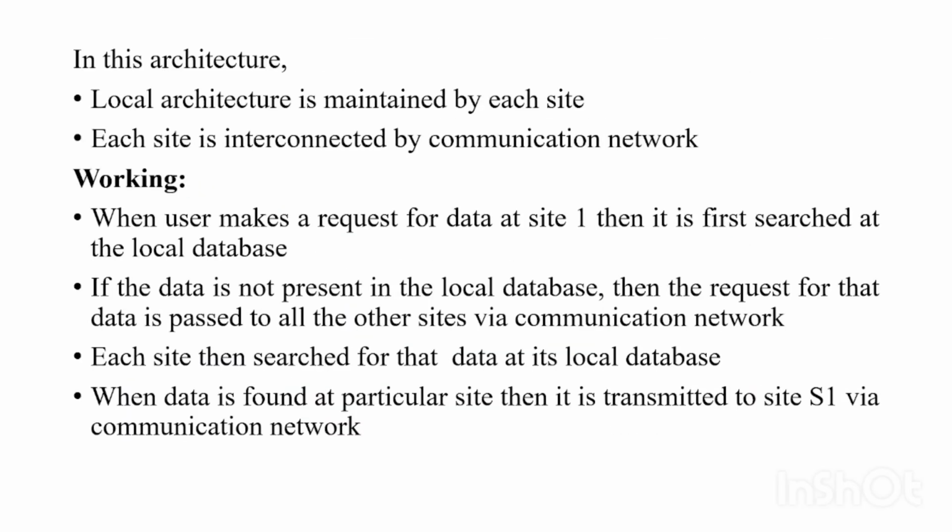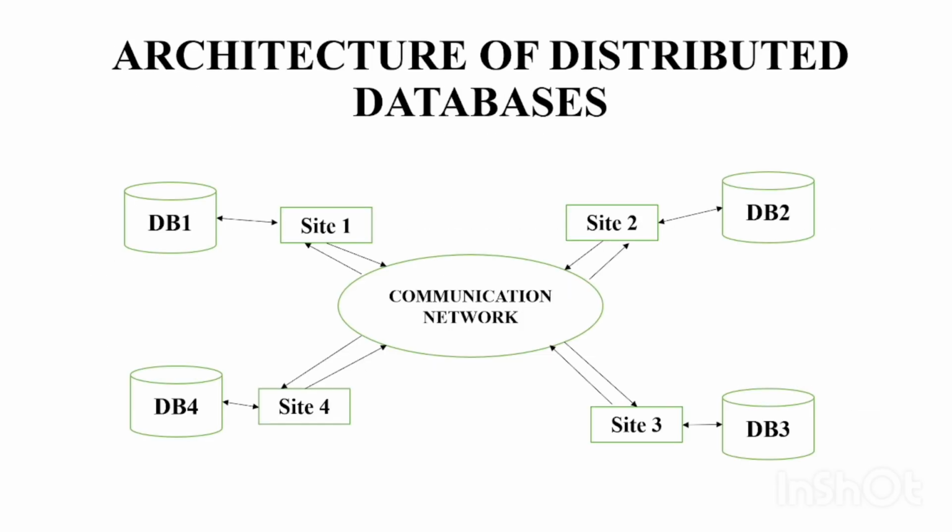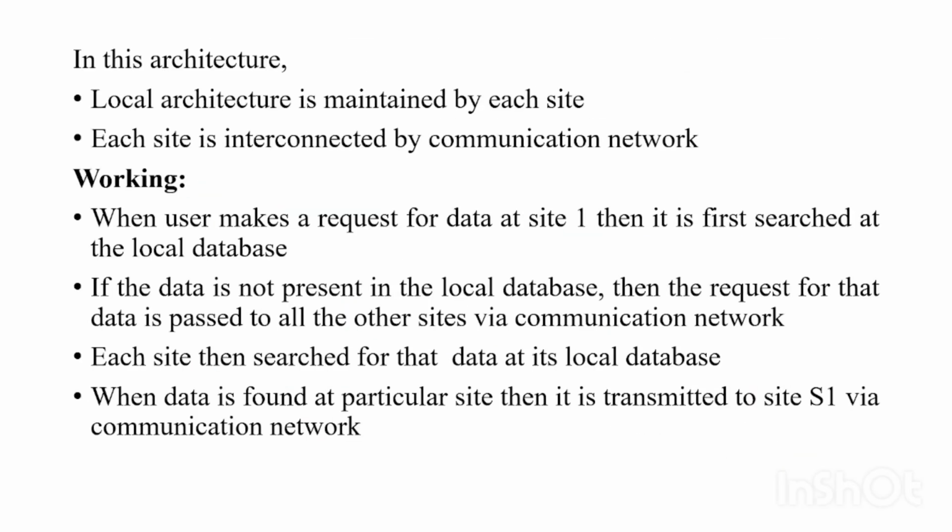In this architecture, if a user makes a request for data at site 1 or site 2, it is first searched in the local database. If you send a request for data at site 1, site 1 first checks the data in its own database.